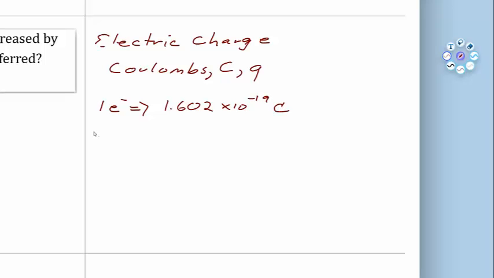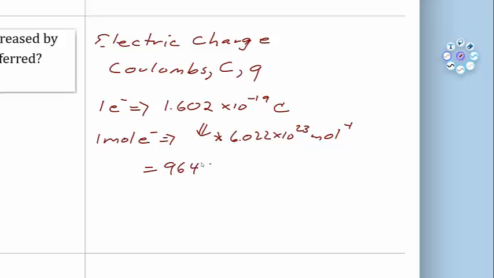And if we were to ask ourselves how much charge does a mole of electrons carry, we would simply take this number above and multiply it by Avogadro's number, 6.022 times 10 to the 23rd. And if we crunch those numbers, we get the value 96485 with the units of coulombs per mole.